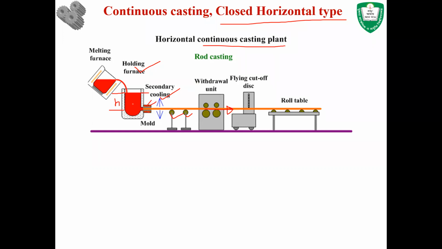The rate at which the liquid metal gets into the cavity and the speed of this outside withdrawal unit have to be calibrated. If the roller speed is very high, then the material will get separated in here. The liquid will not cover it up. So you have to maintain that speed.